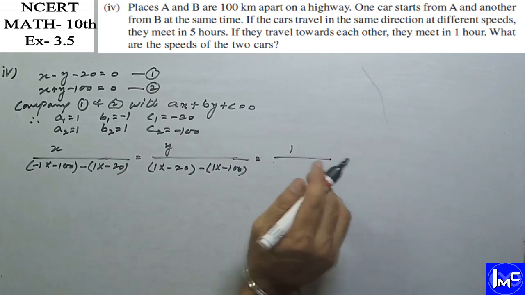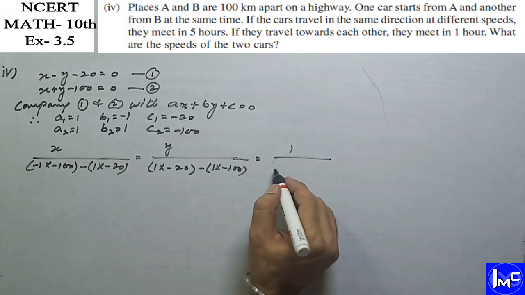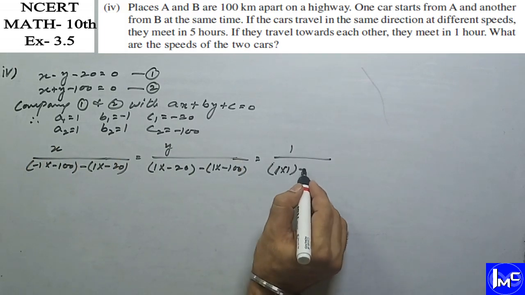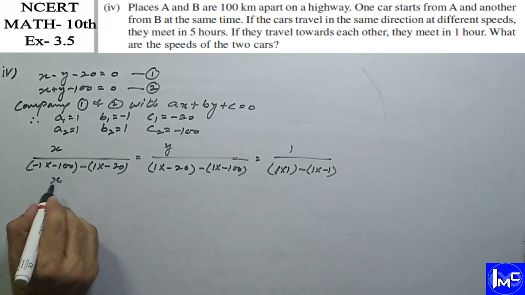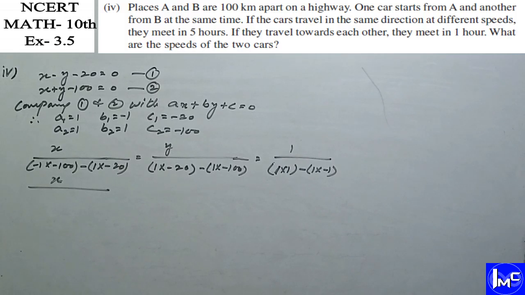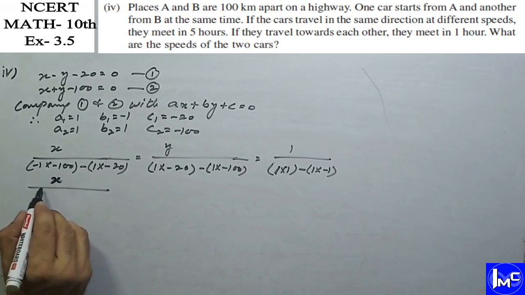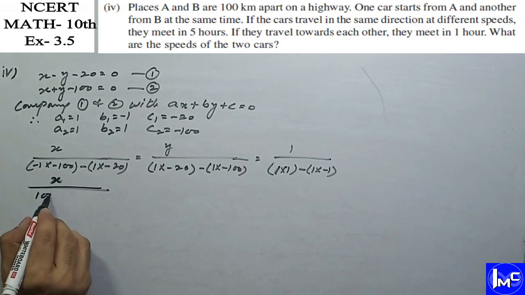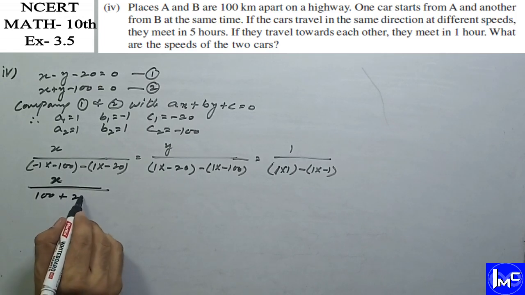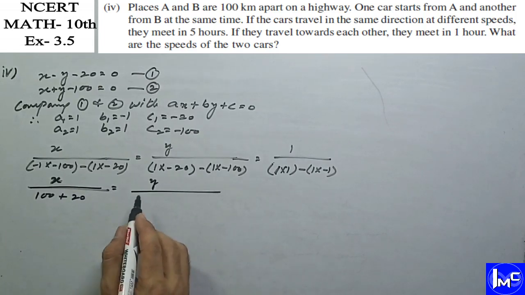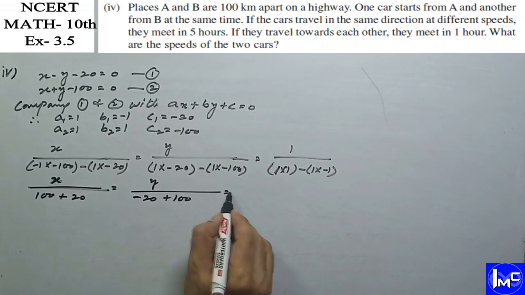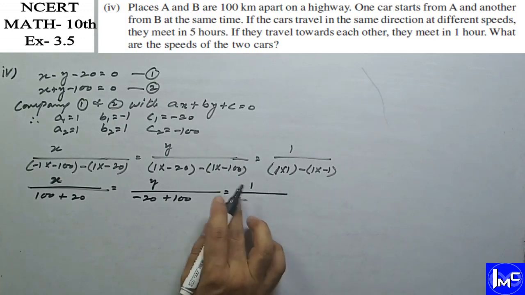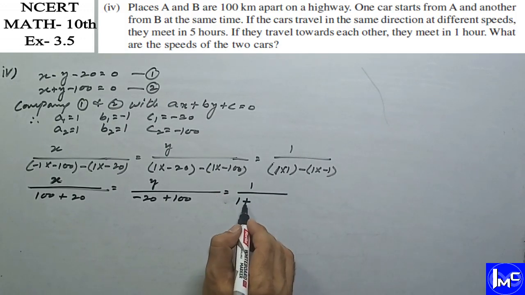And the last one, by omitting these two terms: 1 times 1 minus 1 times -1. So it will be x over 100 plus 20, y over -20 plus 100, and 1 over 1 plus 1.